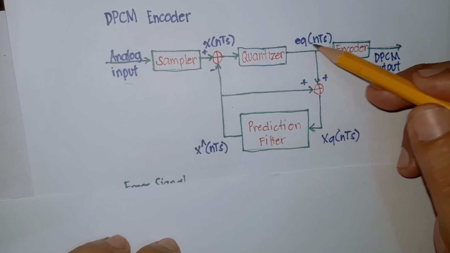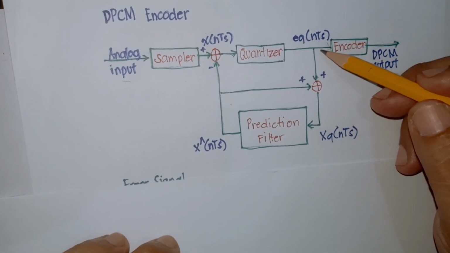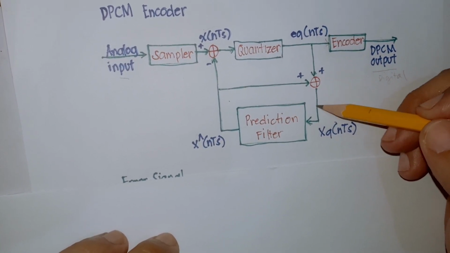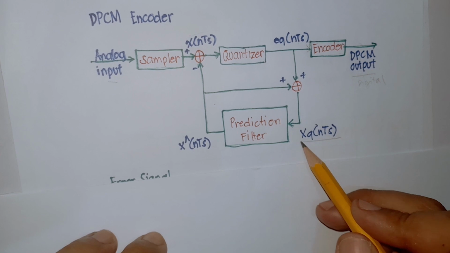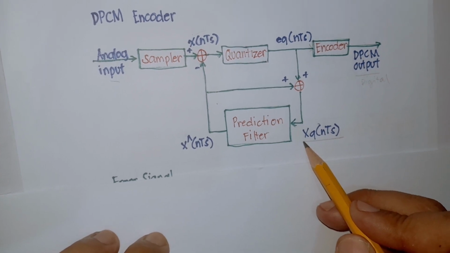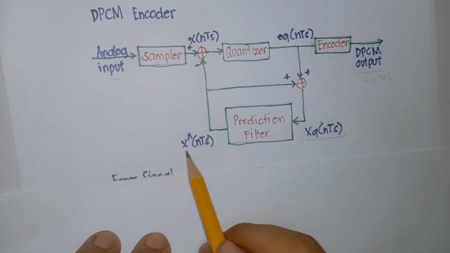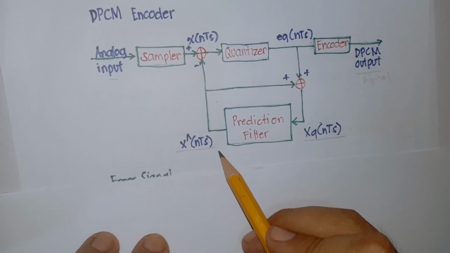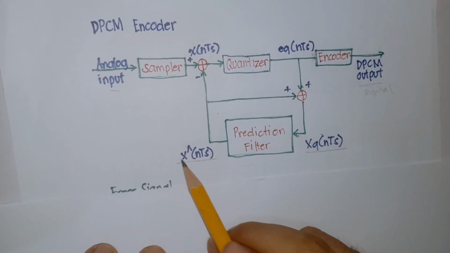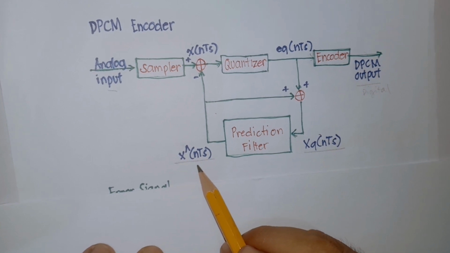Okay? Yung error quantized output is pupunta siya sa represented by X Q of nTs, which means siya ay prediction filter input. At yung X cap of nTs symbolizes the prediction filter output.